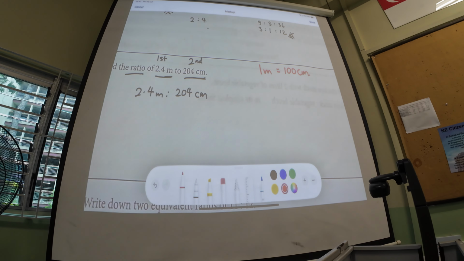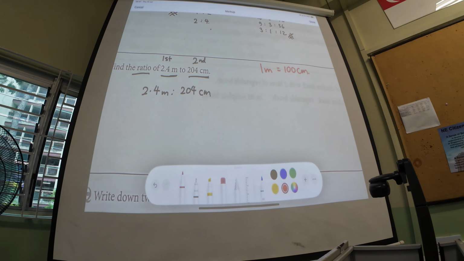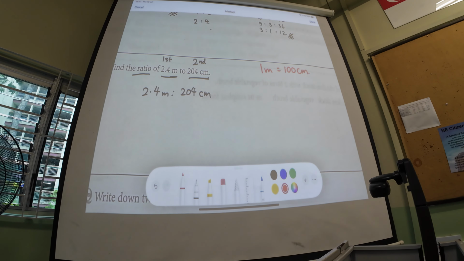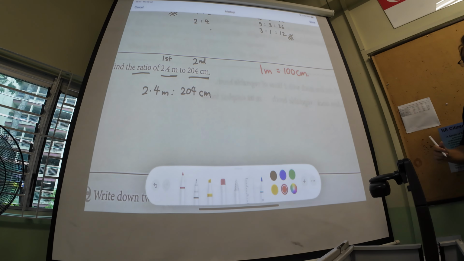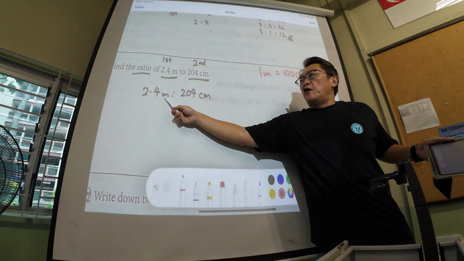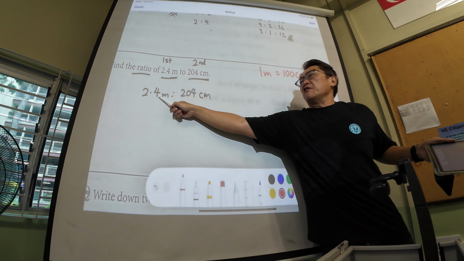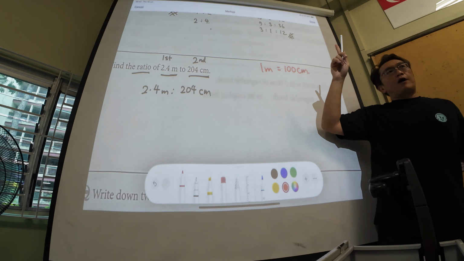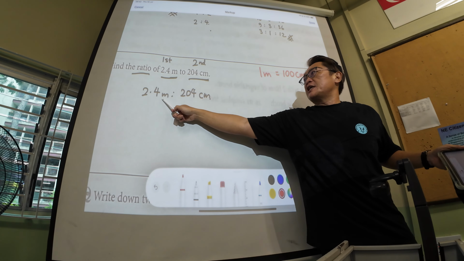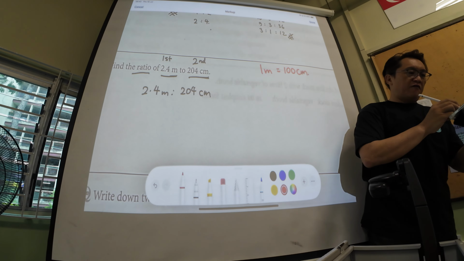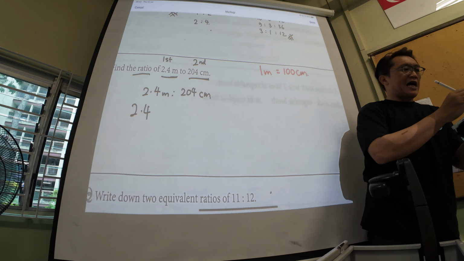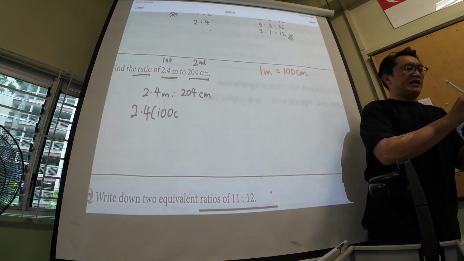Okay. All this conversion we have to know. So when we look here, on the left is 2.4 meter. There are 2.4 times of 1 meter. Meaning that every 1 meter is 100 cm. So if I want to convert it, 2.4 meter is like having 2.4 times of 100 cm.